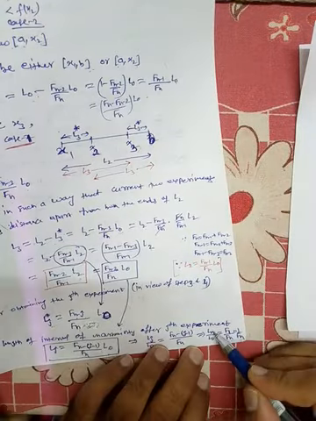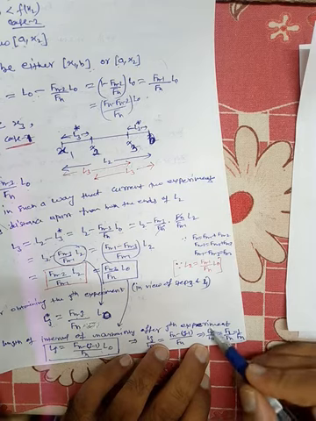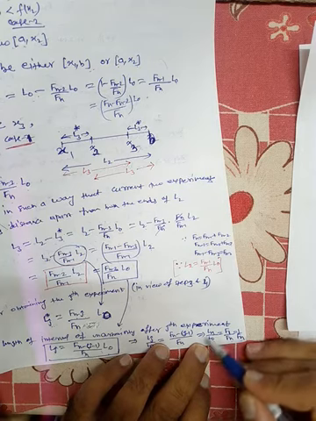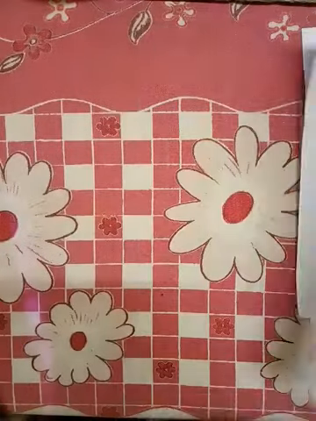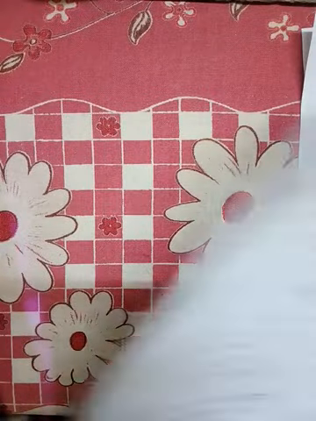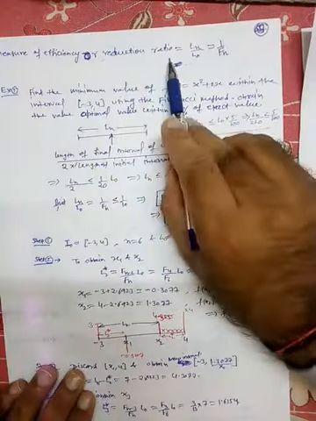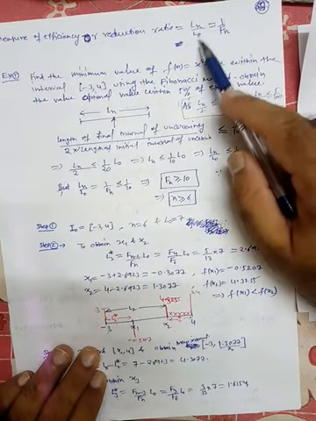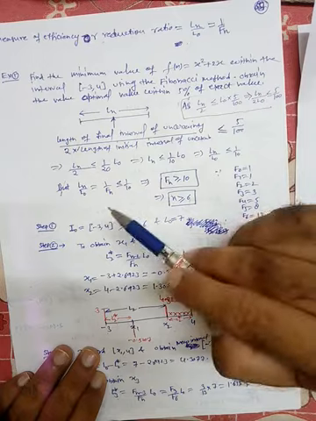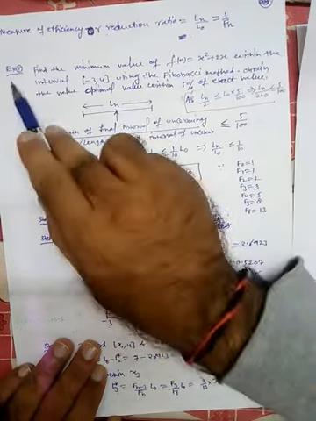So Ln by L naught is basically the reduction ratio. The reduction ratio, or the measure of efficiency, is 1 by fn.